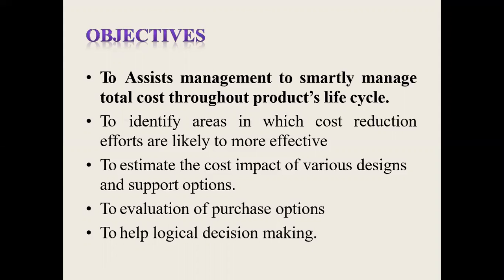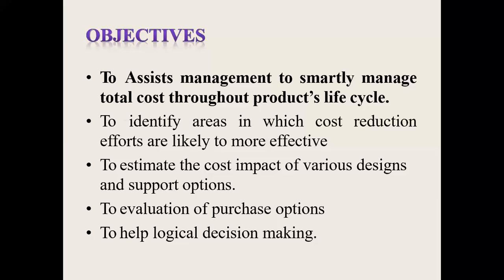Then purchasing options of raw material. One of the vendors is selling you certain steel or certain cement at a certain rate. You can evaluate another trader who can give the same material at less cost.